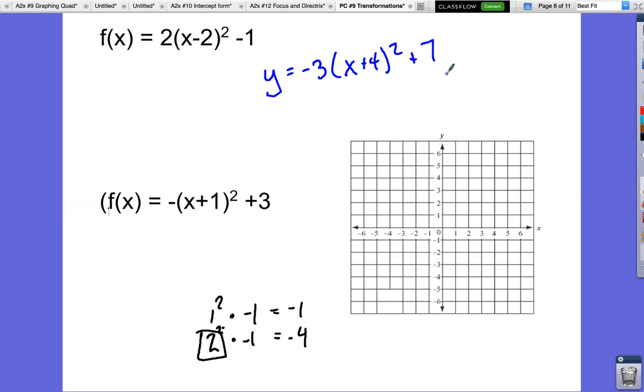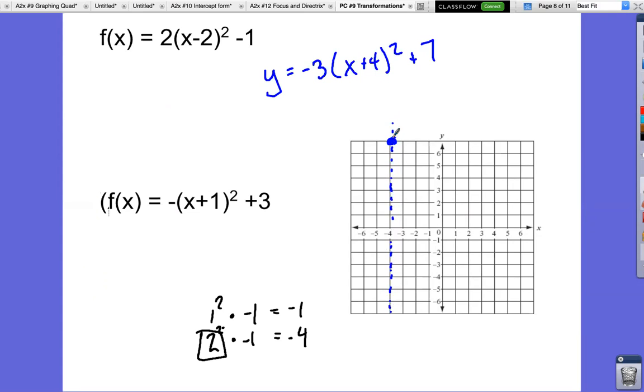If I have that, where's my vertex? What point do I even start at? -4, 7. That's my vertex. And does this open up or does it open down? It opens down, because A is negative.